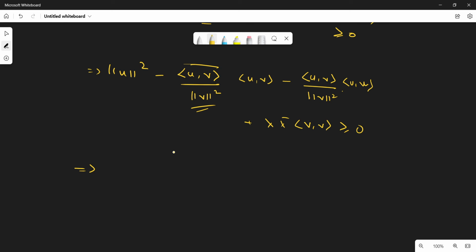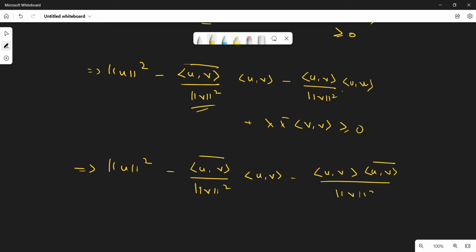So this lambda bar we can express as, let me write it down again. This is norm of v squared minus <u,v> bar over norm of v whole squared times inner product <u,v> minus <u,v>, and this <v,u> can be written as <u,v> conjugate over norm of v squared.